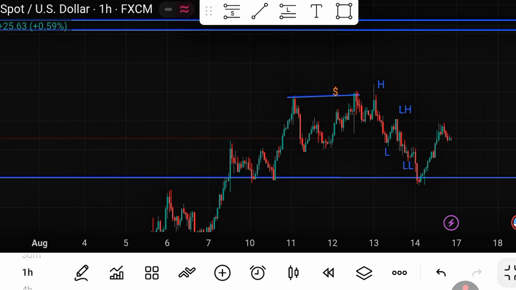After that, the next thing is to check for manipulation, of which you can see right there. Price took out that double top, sweeping liquidity before pushing to the downside. So our first two criteria have been met, which is structure, that's direction, and manipulation.